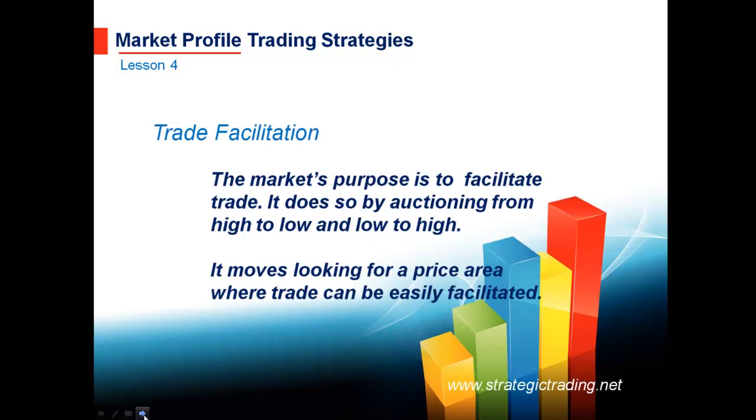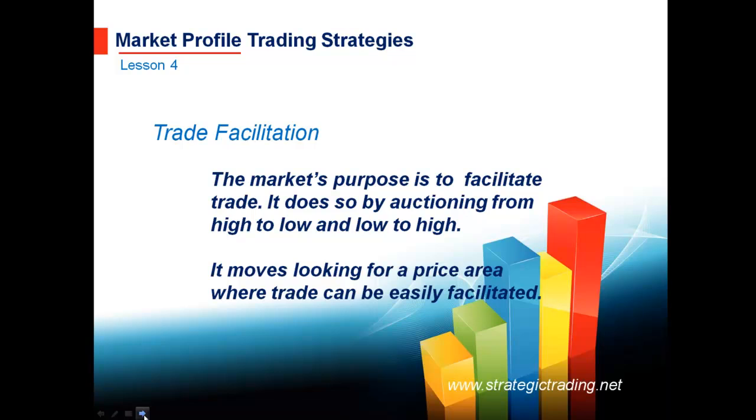The purpose of the market for all traders is really to facilitate trade. And it does so by auctioning from high to low and low to high. So it's always moving, looking for a price area where trade can be easily facilitated. What do we mean by trade facilitation?